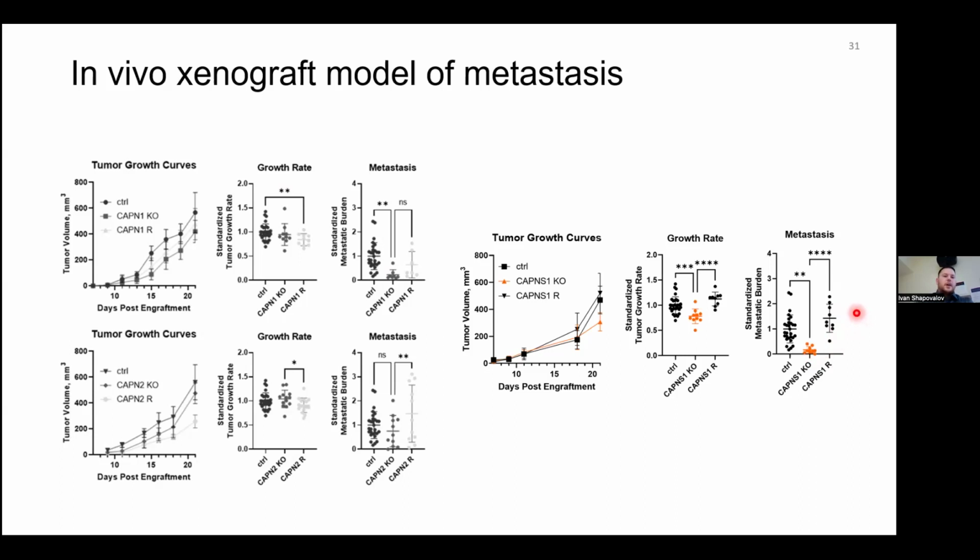So this suggests that, at least in terms of metastasis, we need to inhibit both Calpain-1 and Calpain-2 to achieve this effective abrogation of metastasis.